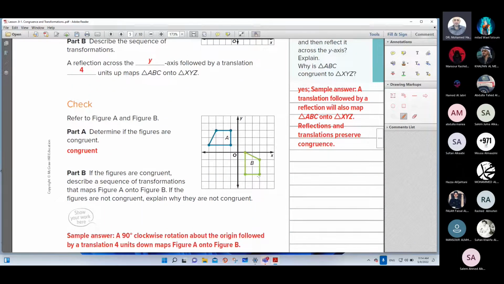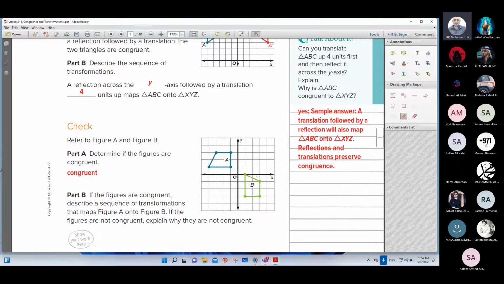Who can tell me here what is the transformation? Yes, we know congruent, but what are the steps of the transformation to get the image from the pre-image?